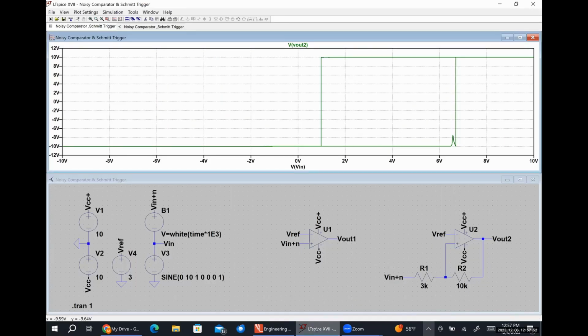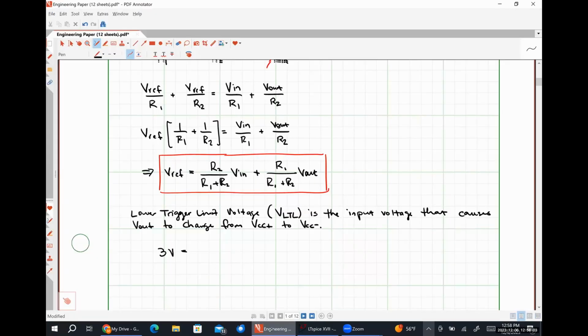R2 is our feedback resistor, so that's 10 kiloohms, divided by R1 plus R2, so that's going to be 10 over 13, times our input voltage, which is what we're solving for, VLTL, plus R1, which was 3 kiloohms, divided by R1 plus R2, 13 kiloohms, times VCC plus, because we're figuring out what voltage causes us to transition from VCC plus down to VCC minus.